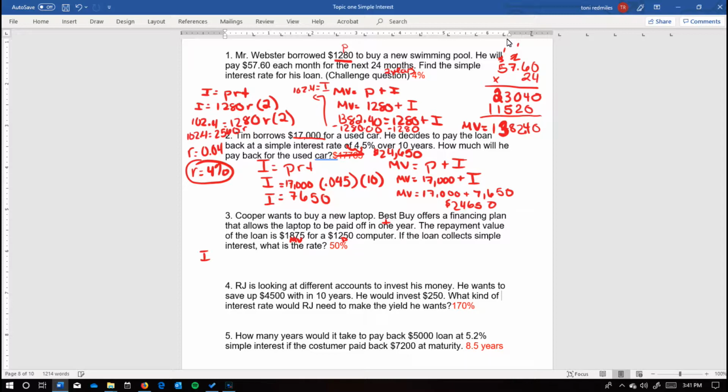So let's go ahead and write our formulas. And let's write what we know. I know the maturity value. I know the time. I know the principal.